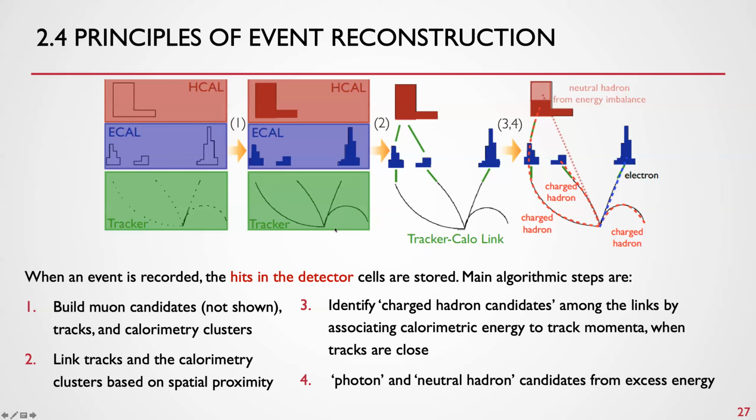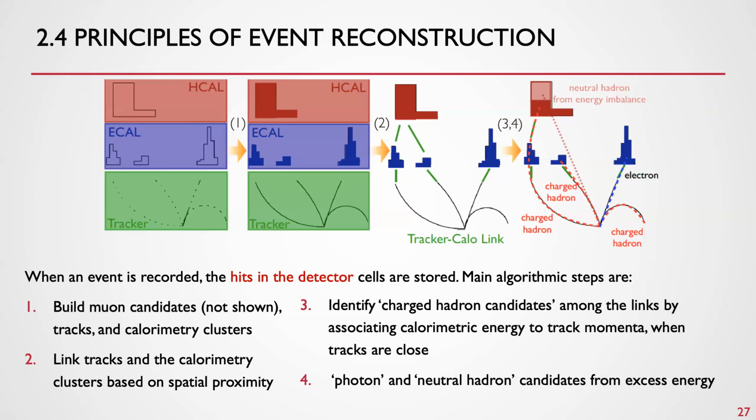We fit the hypothesis of typically a charged hadron, and let the pattern matching algorithm find a solution. Of course, there will be ambiguities. A given hit may be associated to several tracks. There could be overlapping hits.